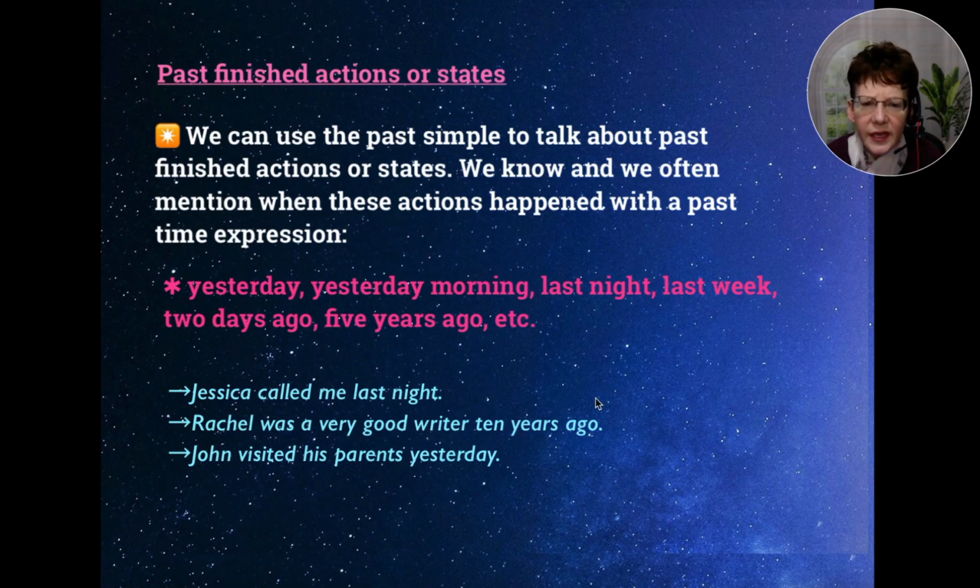So notice that when we use ago, we also know that the verb is past simple. John visited his parents yesterday. Okay, so they're always meant for a past state or a specific time mentioned in the past.